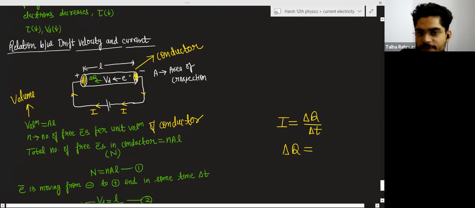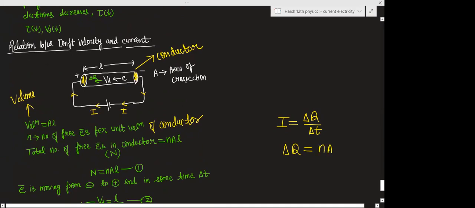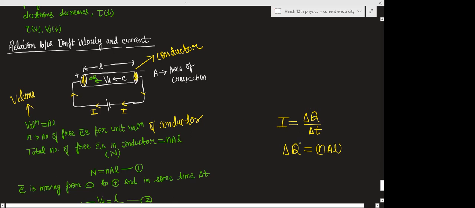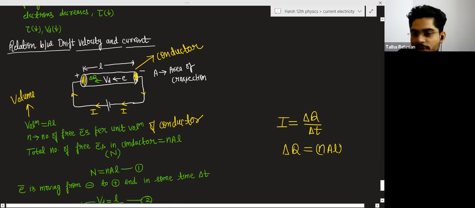If we somehow find the total number of electrons: n is the number of electrons per unit volume, and when we multiply this with the volume, this will become the total number of free electrons.